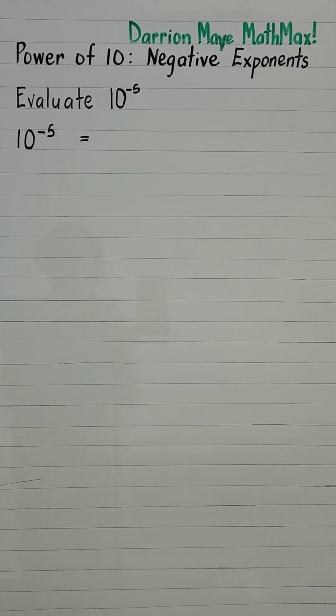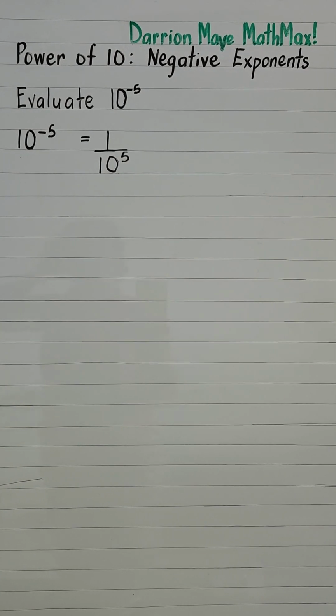So we are going to rewrite 10 as its reciprocal, and that is 1 over 10. And then we're going to write the exponent, which is negative 5, without the negative sign. And that is 10 to the 5th.